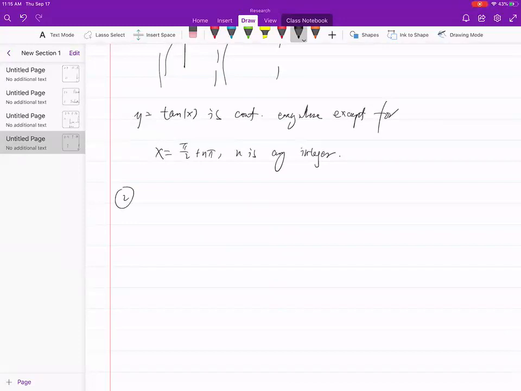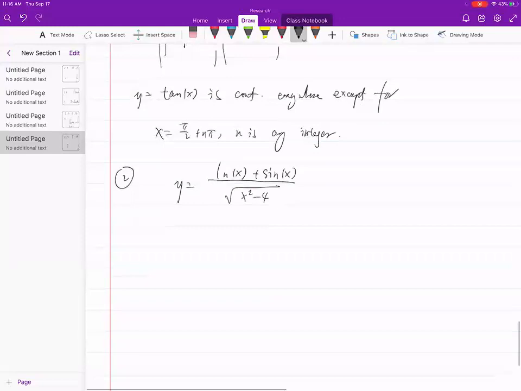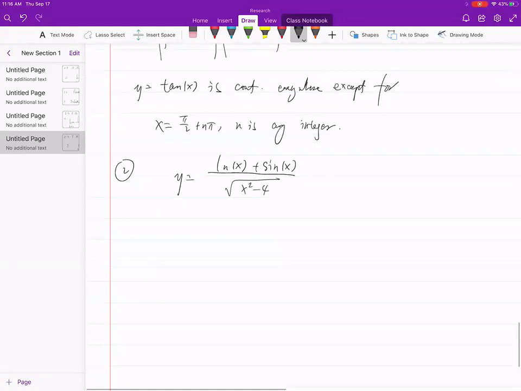Second, something that looks like this. Is it simple? No. But it's a combination of simple things. Just looking at it, I see this, which I know the domain. I see this, which I know the domain.